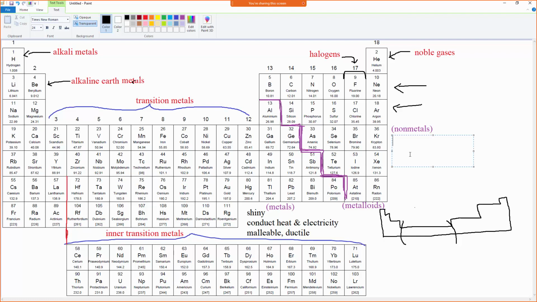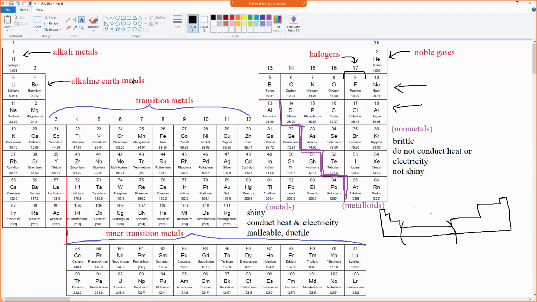And if you tried to hammer it into a thin sheet, it would just crumble, right? And if you tried to form it into a wire, it would also just crumble. So it's kind of exactly the opposite. Brittle instead of being malleable and ductile, right? Do not conduct heat or electricity, not shiny.